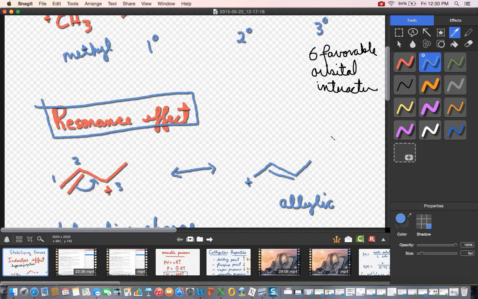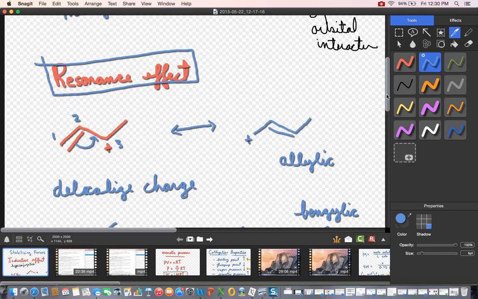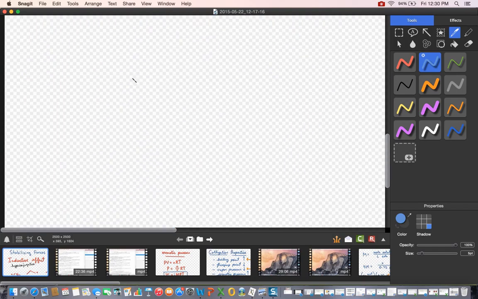So putting all this together, for carbocations, benzylic is the most stable. Then allylic. Then tertiary.